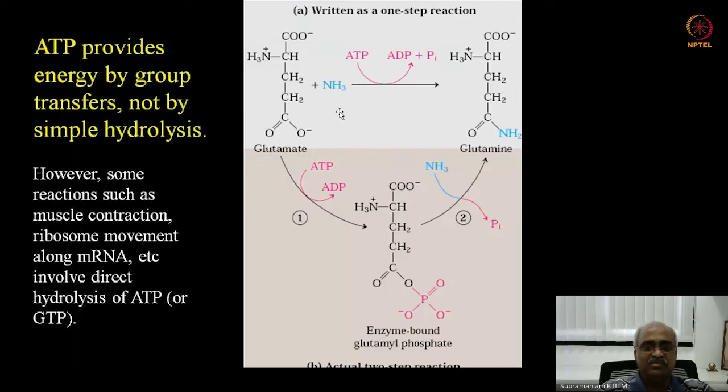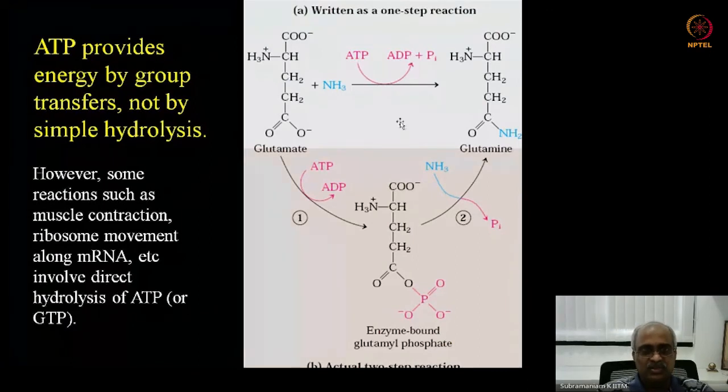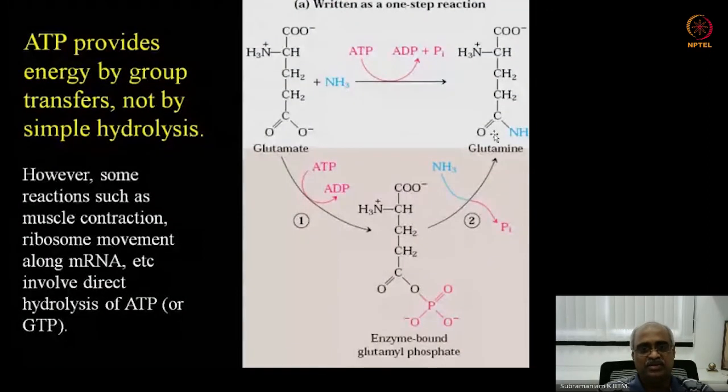But anyway, the main point here is, this hydrolysis releases energy, and the released amount of energy is more than the energy needed to synthesize this, and therefore this is made possible, thermodynamically favorable. But how is this released energy used for making this amide bond? That happens via this mechanism at the bottom.